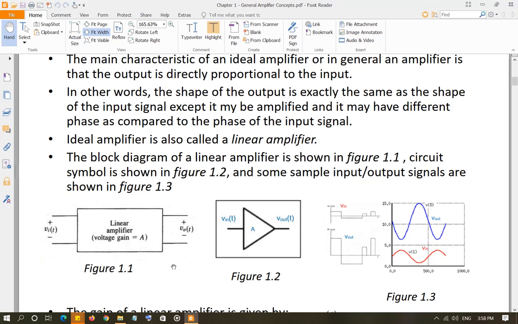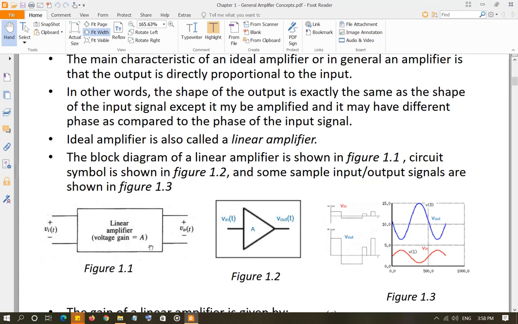Generally the gain of the amplifier is represented by A, but you can represent it by anything. A is just a general symbol used for the gain, and gain of course is how much the output has been increased with respect to the input. That basically represents the gain of the amplifier or the circuit.